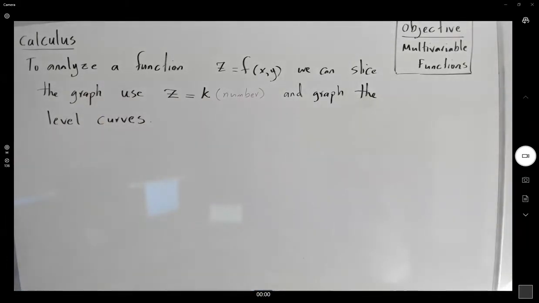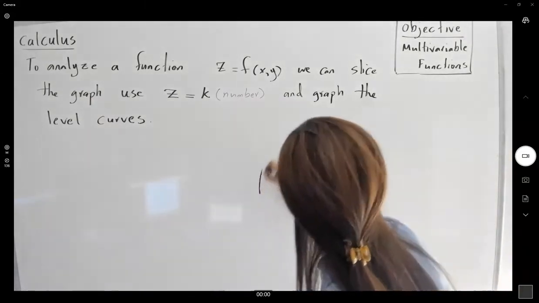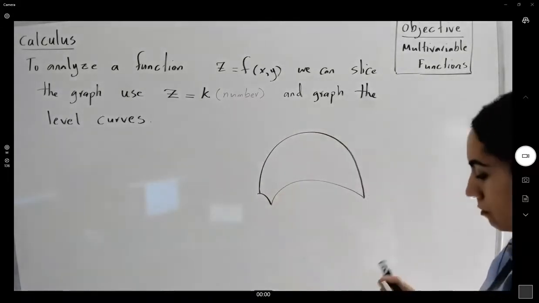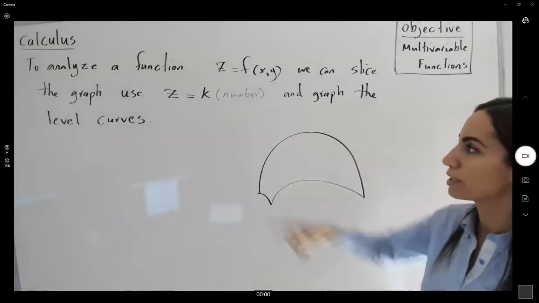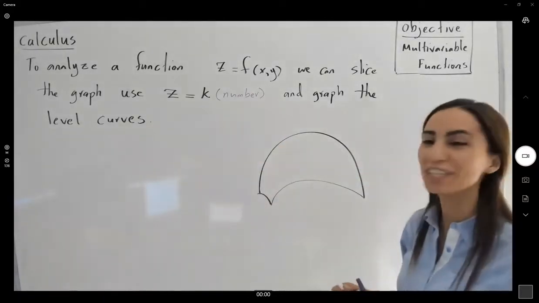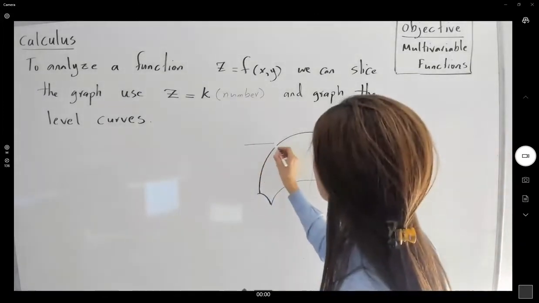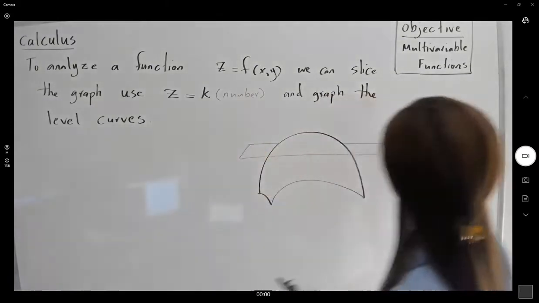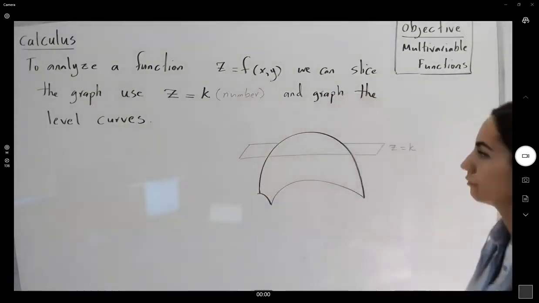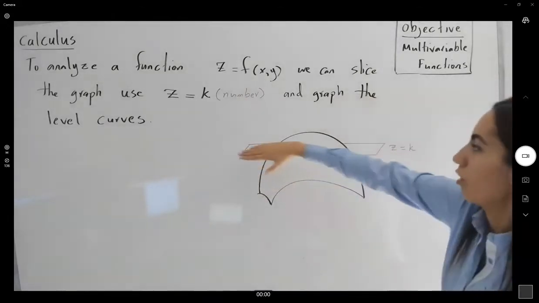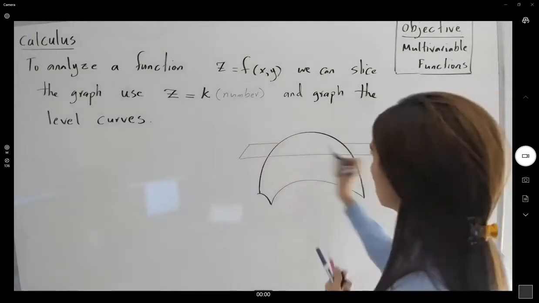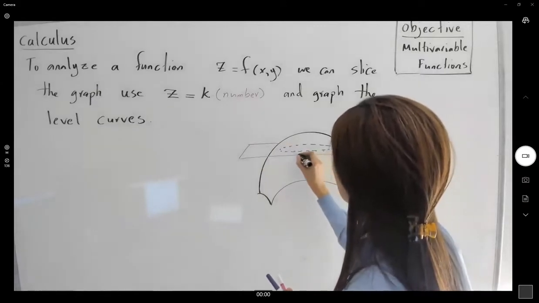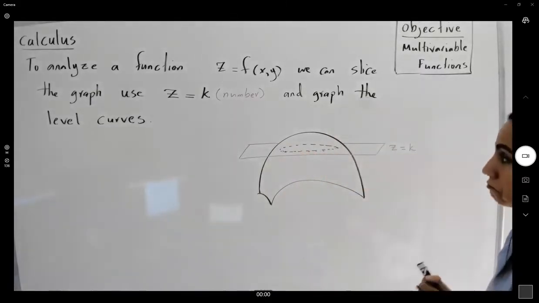For example, suppose you have this 3D object, whatever it is, and you start slicing it with planes z equals k. Remember that when you're talking about z equals a fixed number, these are all parallel planes. With z equals k, you get a slice of the whole object, which in this case is similar to something elliptical, maybe circular.